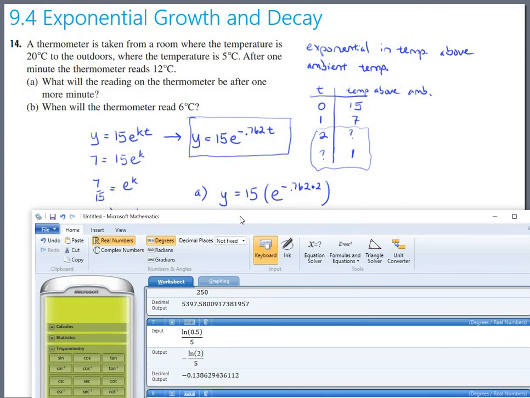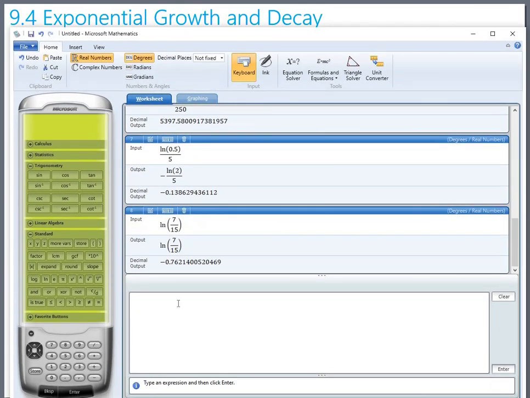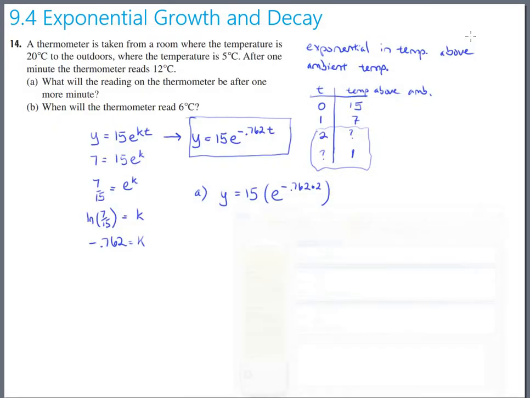So 15 times e to the power, parentheses, negative 0.762 times 2. Make sure that looks right. It does look right. So it should be about 3.3 degrees above ambient.